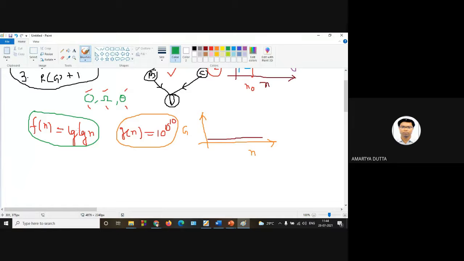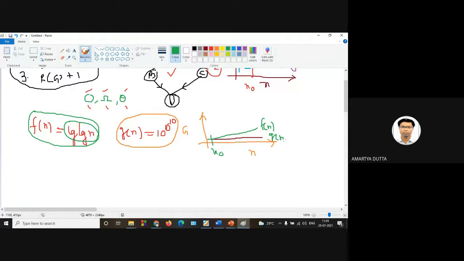So log n is a function of n. If we choose this as your n0, then this is your Fn, log n, and this is a constant, that is your Gn.